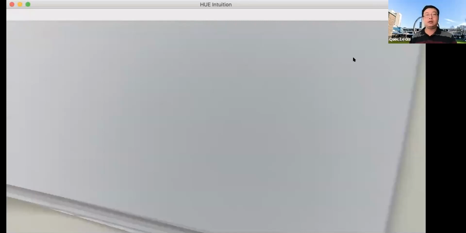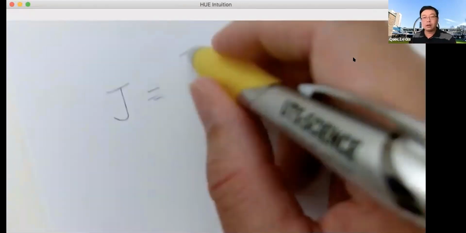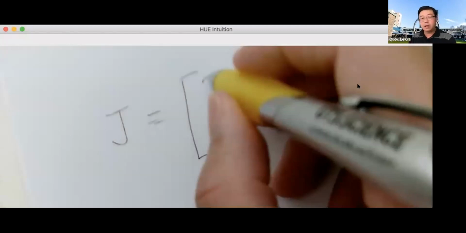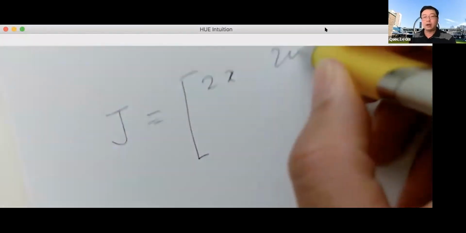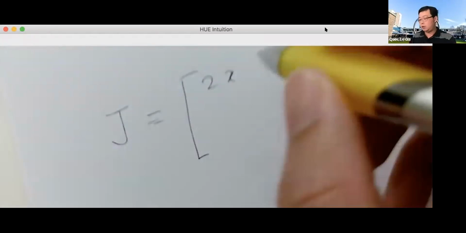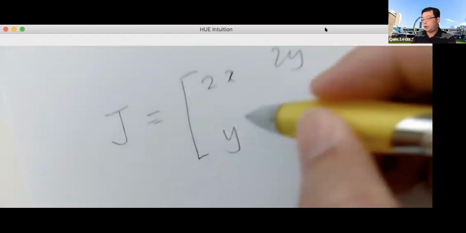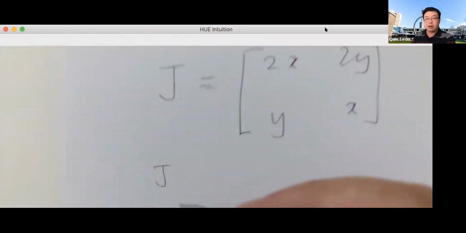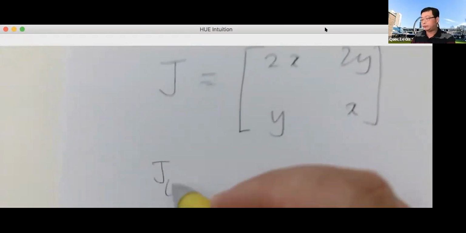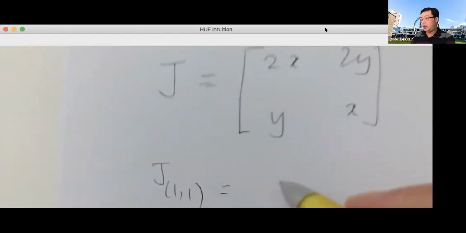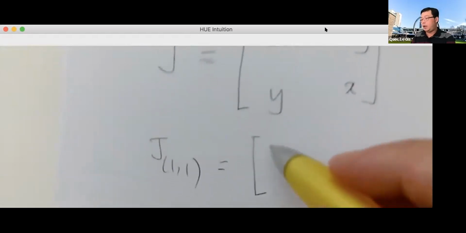For this system, the Jacobian is 2x, 2y, and then the derivative of xy with respect to x is y, and with respect to y is x. Now if you put in x equal 1, y equal 1, then the matrix will be 2, 2, 1, 1.